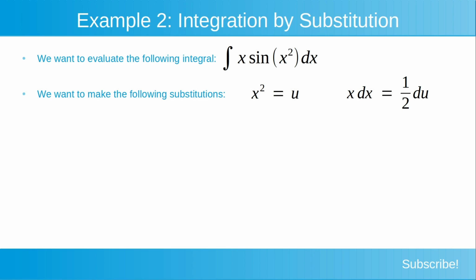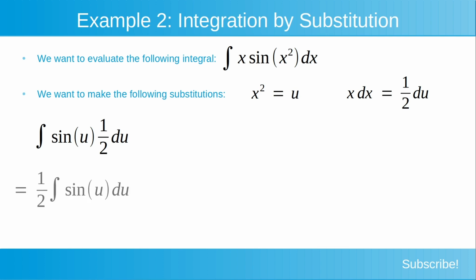When we substitute u for x squared, we get the indefinite integral of x sine u dx. And when we substitute 1/2 du for x dx, we get the indefinite integral of sine u 1/2 du. At this point, we can use the constant multiple rule for integrals to move the 1/2 outside of the integral.